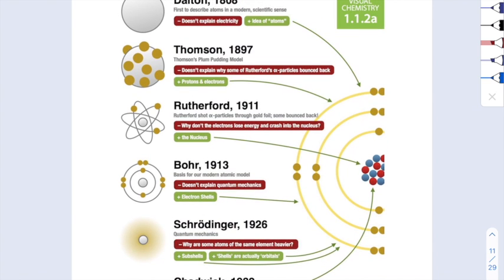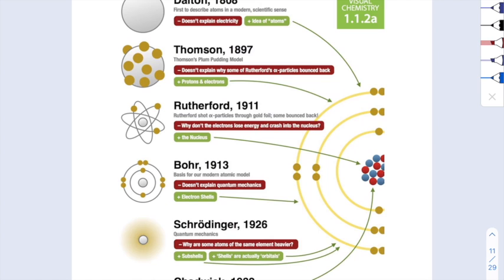So Dalton, for example, suggested the atom could not be divided, but he did make the correct assumption that matter was made of atoms, but assumed that those atoms would be indivisible. Thomson then went on to say, I've got some experiments that show that there might be positive and negative parts.